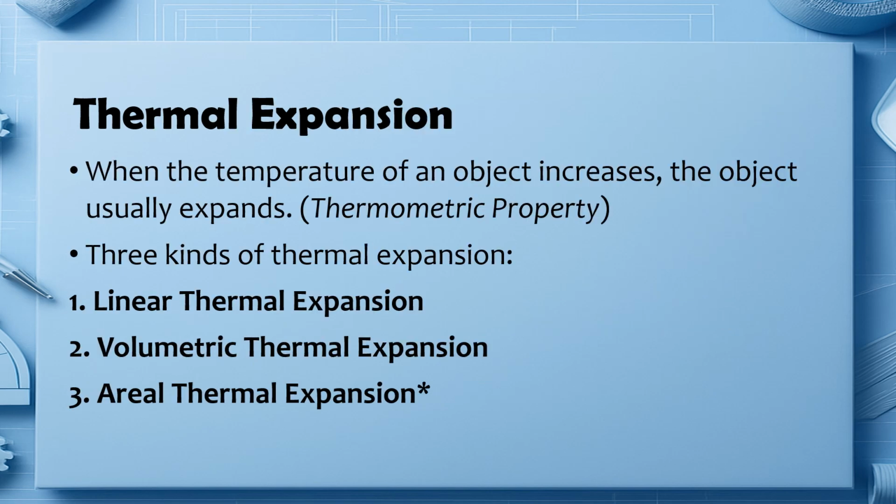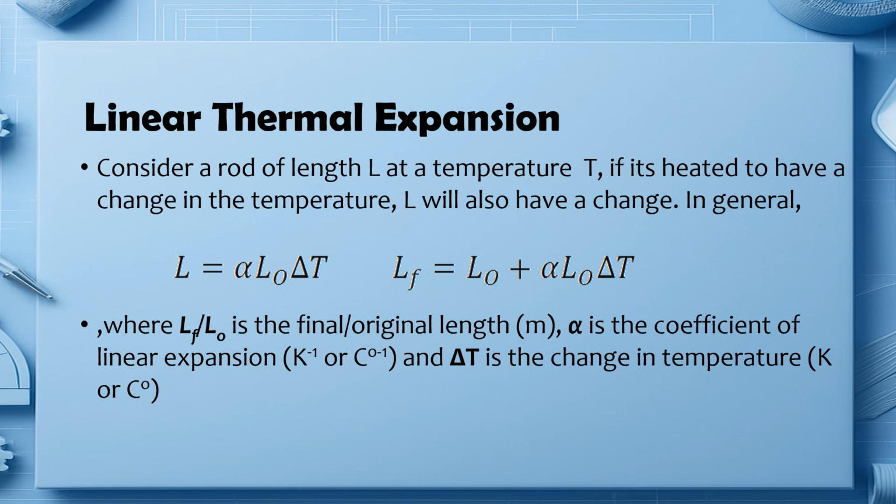Thermal expansion. When the temperature of an object increases, the object usually expands. This is also based on the thermometric property. There are three kinds of thermal expansion: linear thermal expansion, volumetric thermal expansion, and areal thermal expansion. In linear thermal expansion, we consider a rod of length L at a temperature T. If it is heated to a change in temperature, L will also change.